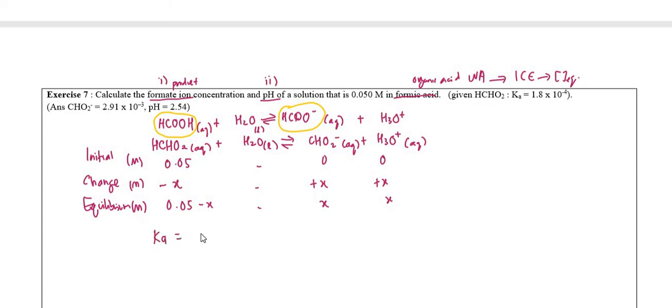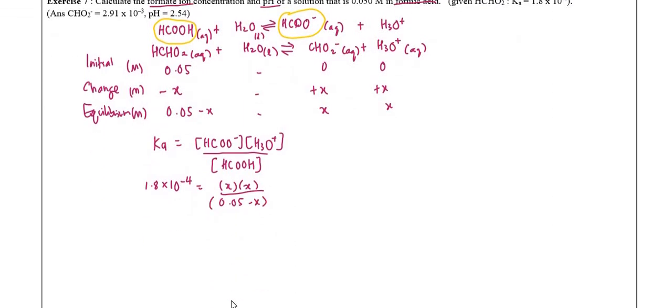Why Ka? Because it is an acid. So HCOO minus times H3O plus over HCOOH. So the value 1.8 exponent negative 4 equals X over 0.05 minus X.